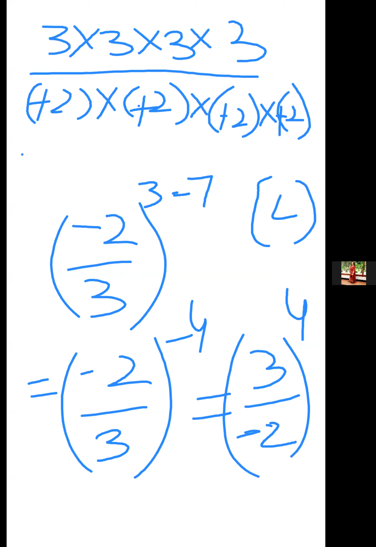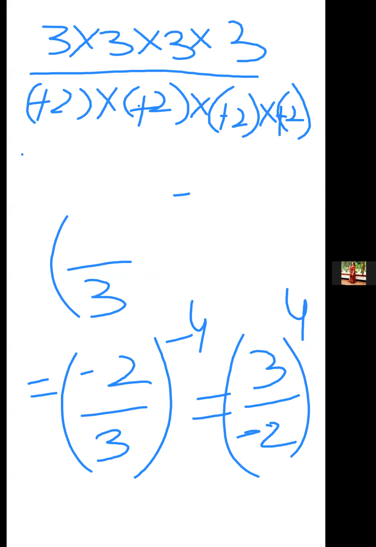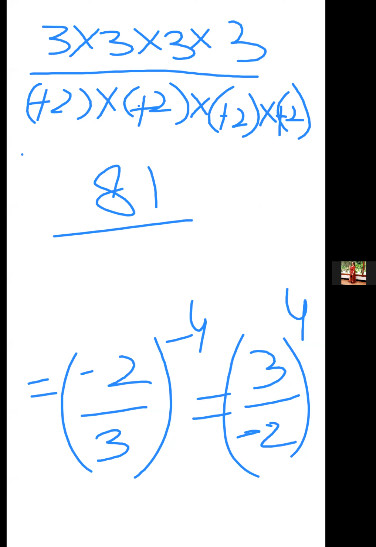So what will be the answer? 3 3s are 9, 9 3s are 27, 27 3s are 81. 81 upon 2 2s are 4, 4 2s are 8, 8 2s are 16. So this is your answer. Clear? Understood all of you? Yes, ma'am.